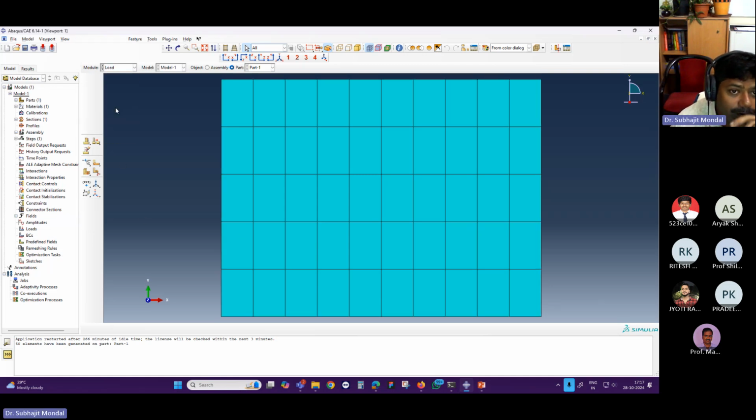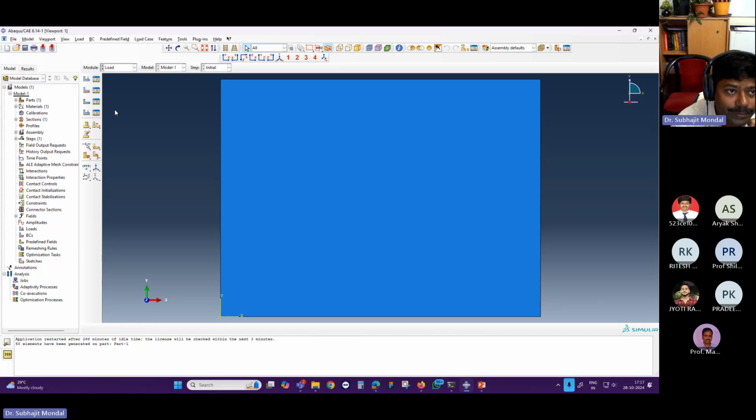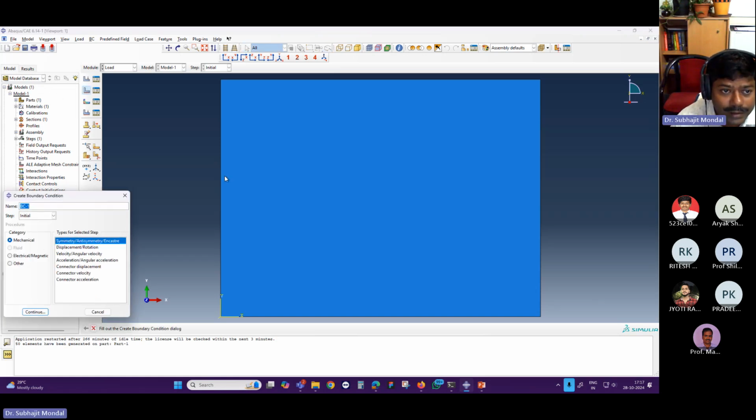Next, we're going to define the boundary conditions. I already informed you, either you can go for free, or you can go for fixed conditions or the cantilever case. Here we can go for free, or you can go for cantilever. Let me show you. We can have different types of boundary conditions.